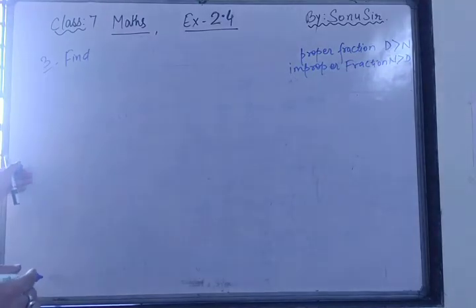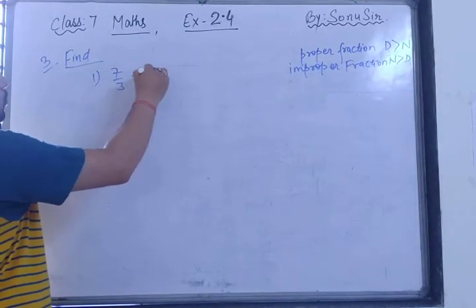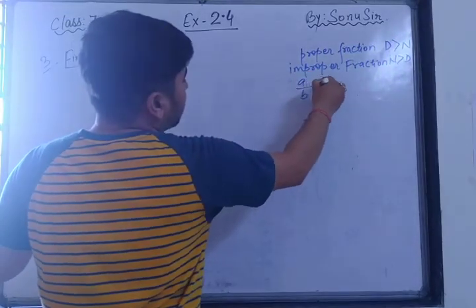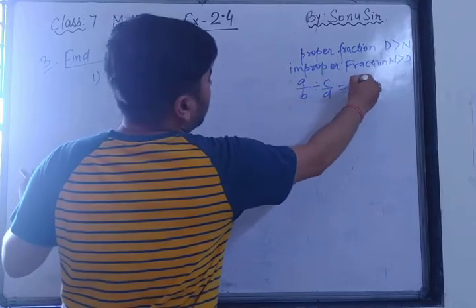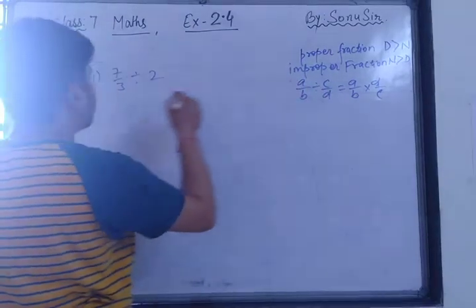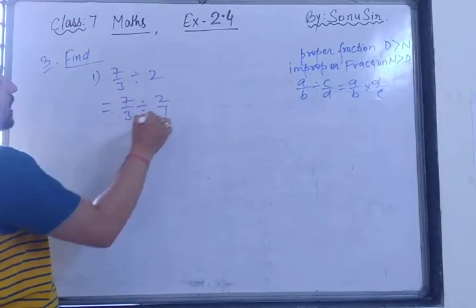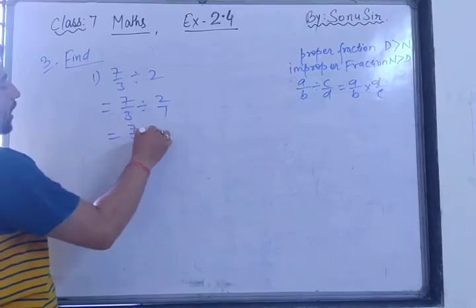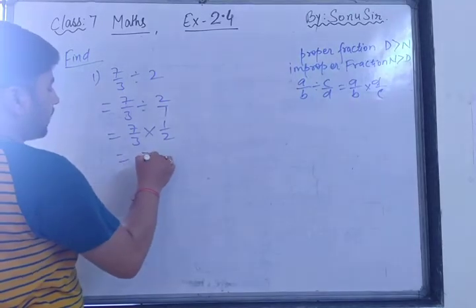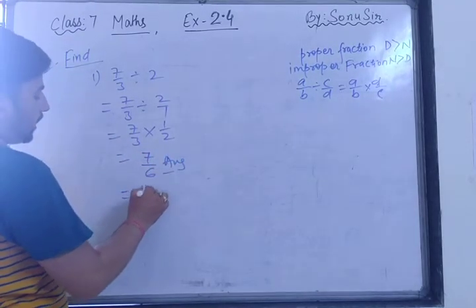First question, 7 by 3 divided by 2. What you will write here? As I have taught you, A by B divided by C by D is equal to A by B into D by C. Here, after multiplication, D by C. So 7 by 3 divided by 2 by 1 is equal to 7 by 3 into 1 by 2. Right? So 7 1 is 7, 3 2 is 6. If you want to change it into a mixed fraction, 6 1 is 6, 1 1.